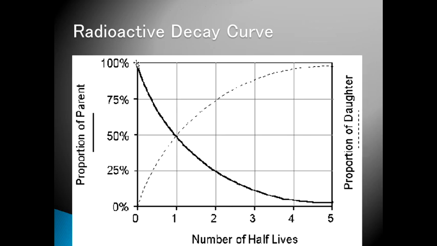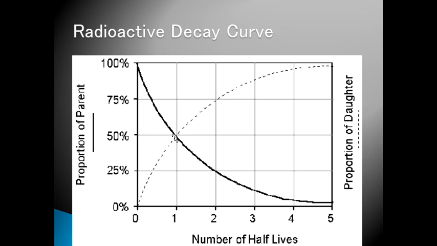As that crystal sits there, the parent decays, and we get less and less and less of it over time. When we reach 50% parent, so you look at the y-axis here, 50%, you go over to where it intersects this line, you go straight down, that is 1 half-life, 50% parent.